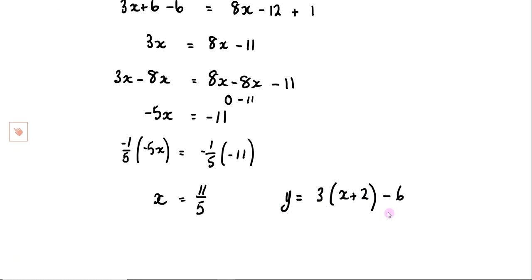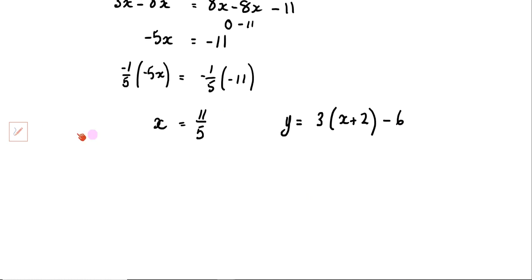Y can be found by doing. It's amazing how many people can work out the x and then don't know how to do the y. Okay, so I've got y equals 3 lots of 11 divided by 5 plus 2, subtract 6. I'm keeping it as fractions so I don't need to use a calculator.